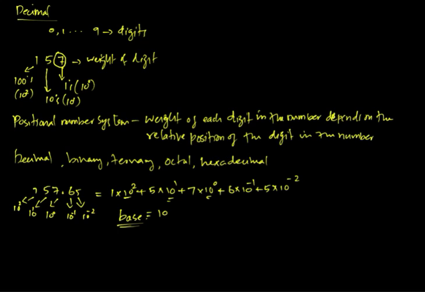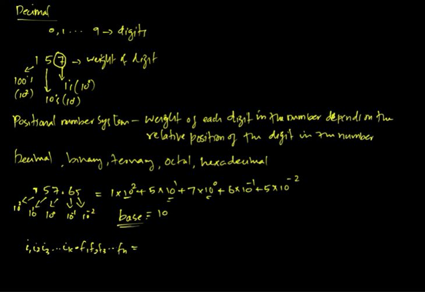So if you consider any number system, let's say it consists of the integer part I1, I2, I3, etc. up to Ik, dot some fractional part consisting of the digits f1, f2, f3, etc. fn, then in terms of the base, this number can be expanded as follows.